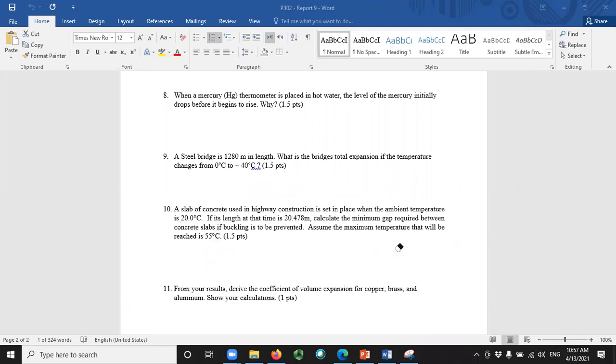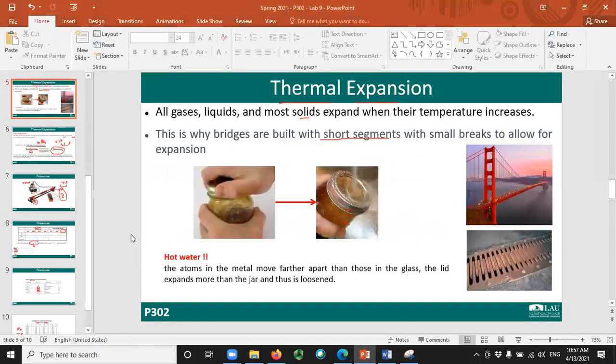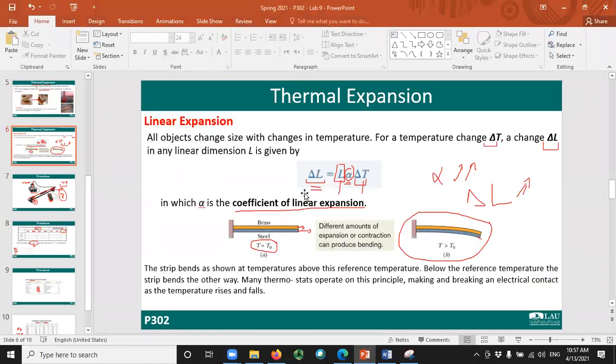Now, for your results, you need to derive the coefficient of volume expansion for copper, brass, aluminium, and show your calculation. We know that we have this expression for linear expansion, delta L equals L alpha T delta T. We know that we have a relationship between the linear dimensions and the volume.